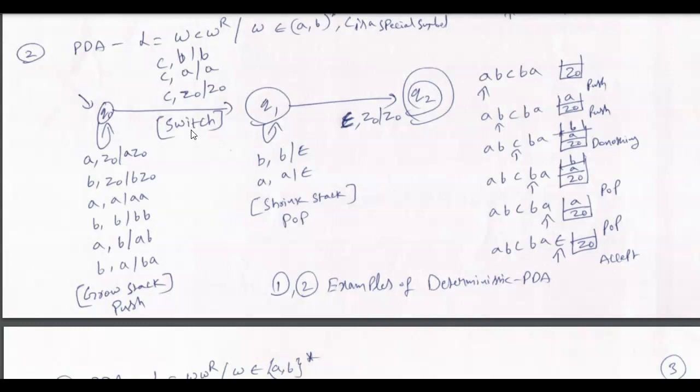Changing the state is relevant to the corresponding operation. And here, for every W to the power of R, we have a pop operation.